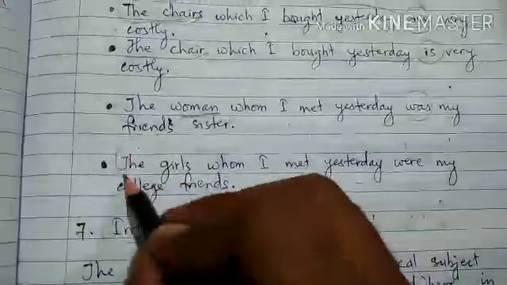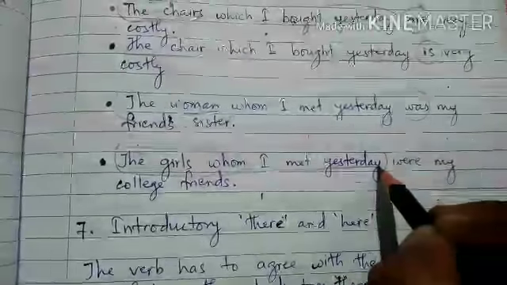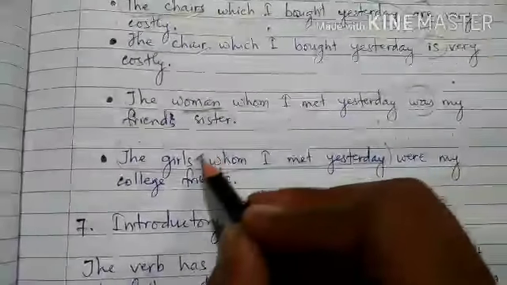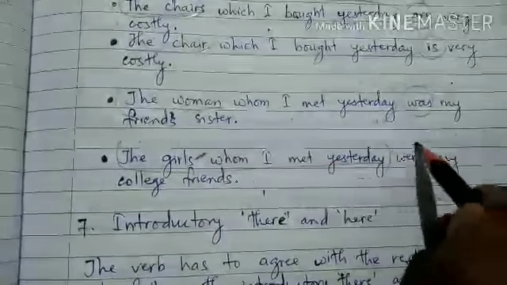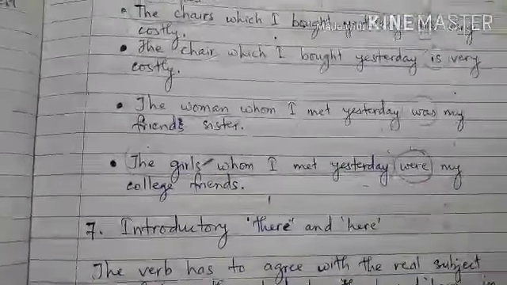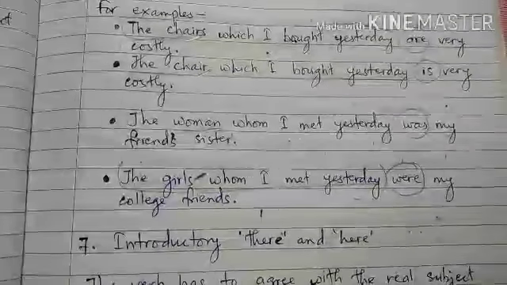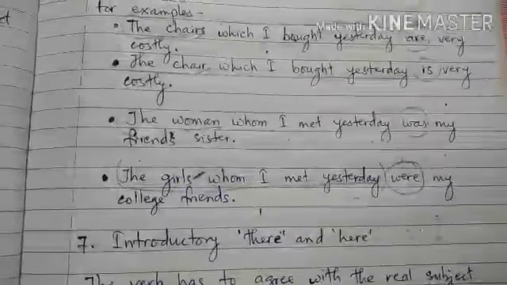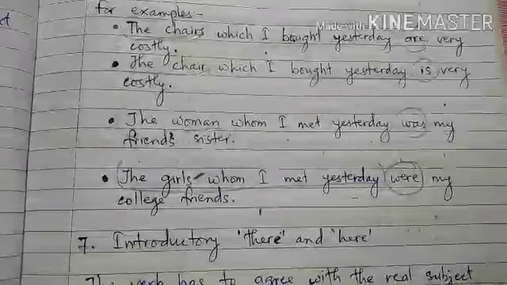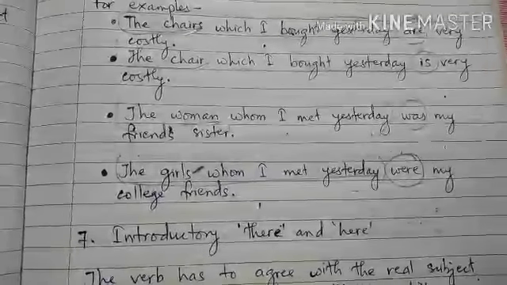So here also the girls whom I met yesterday is the subject of the sentence. Okay. So here the main subject is girls, which is plural. So we have to use a plural verb. So in this case, when the subject is very long, then we have to be very careful. We have to see the actual subject of the sentence, whether it is singular or plural. Depending upon that, we have to use singular or plural verb.